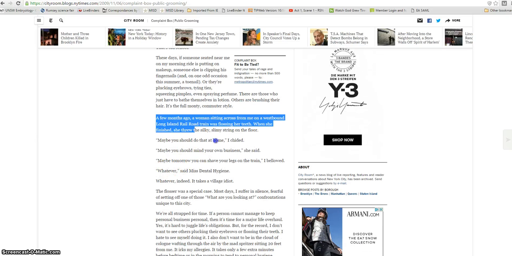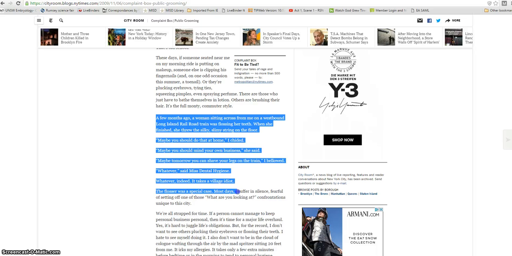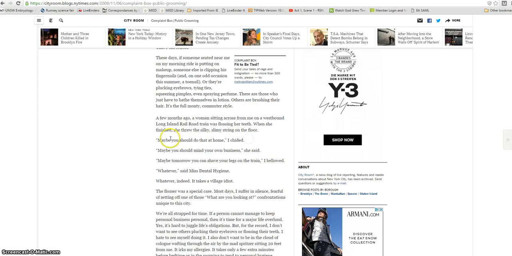Now, she shines here, where she discusses an incident. This is a detailed, specific example. A woman's flossing her teeth. She throws the dental floss on the ground, and the writer actually says something to her. She says maybe you should do that at home. And then it talks, see, dialogue.